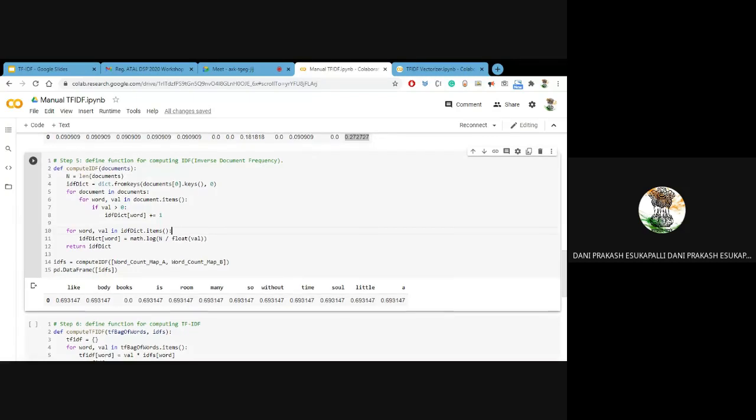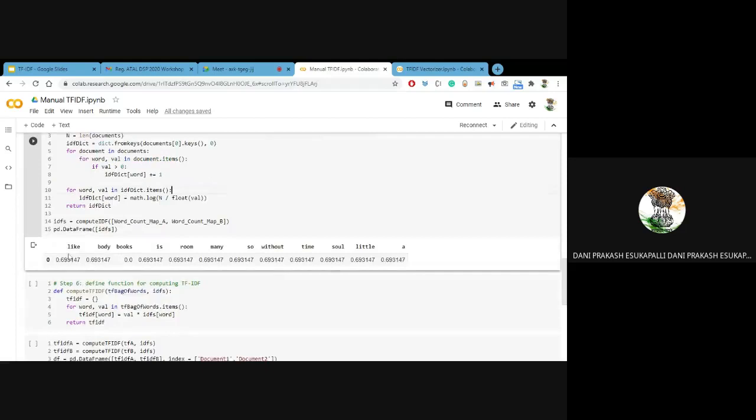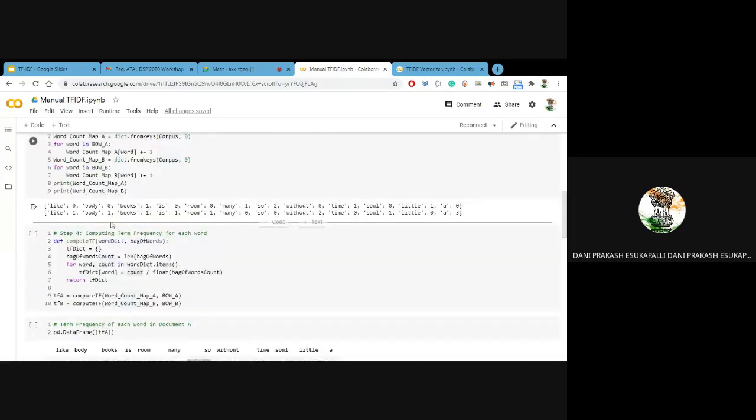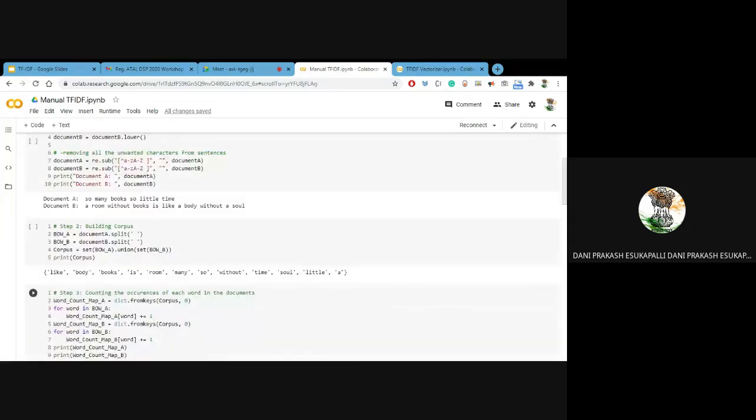So if we pass document A and document B to this compute IDF, it will give these results.